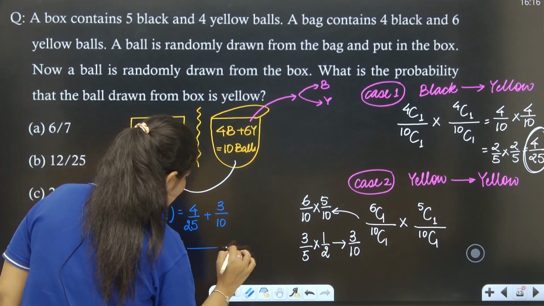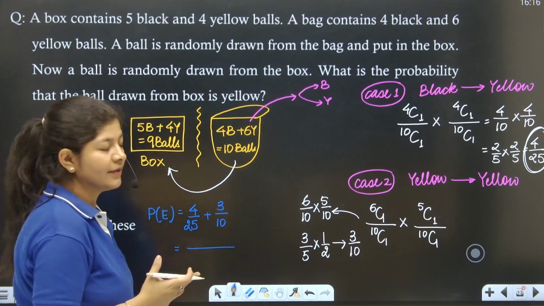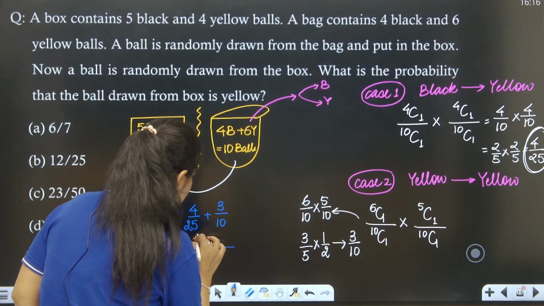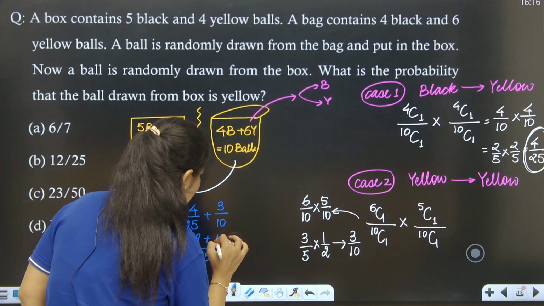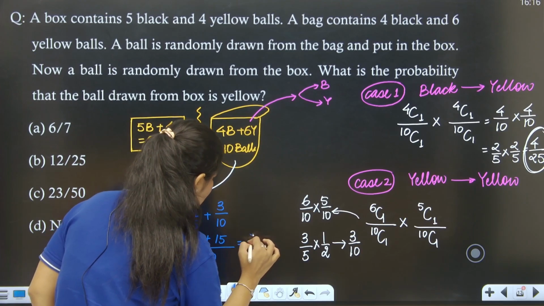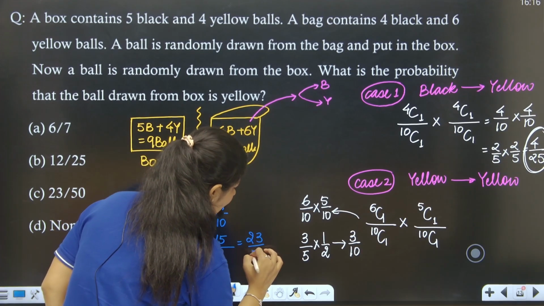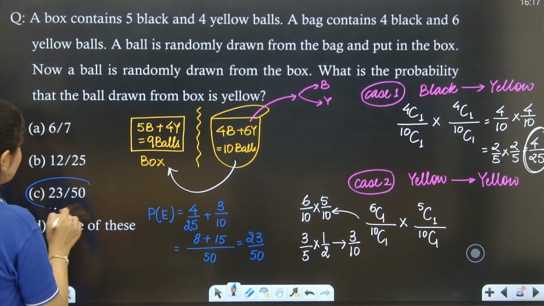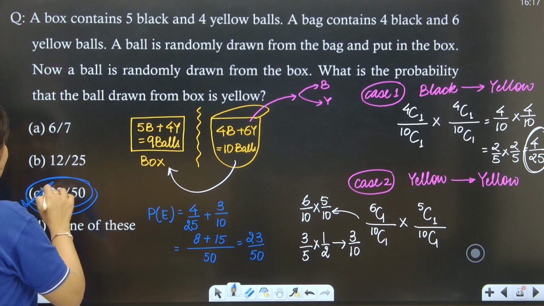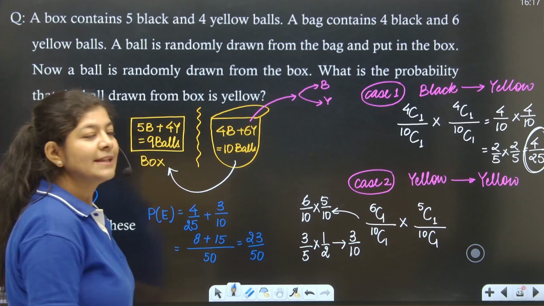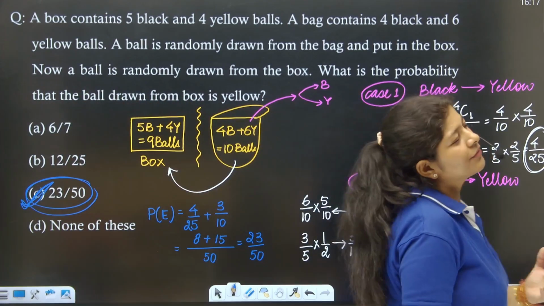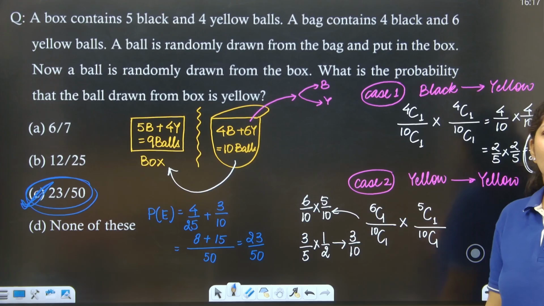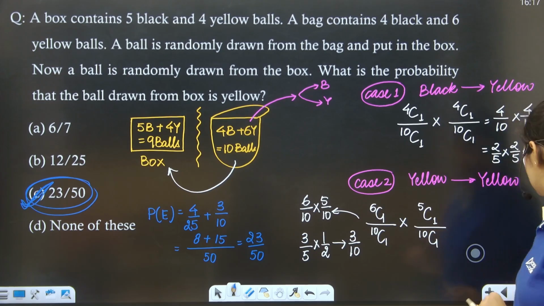If I just find the LCM of this one, this is nothing but 8 plus 15, that is 23 by 50. Do we have this in our option? Yes, we do have that. That means option number C is the correct one. All we need to do is simply understand the requirement of the question. Accordingly, we need the answers, right?